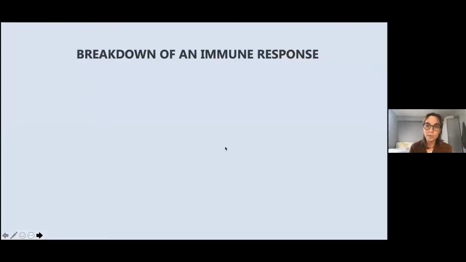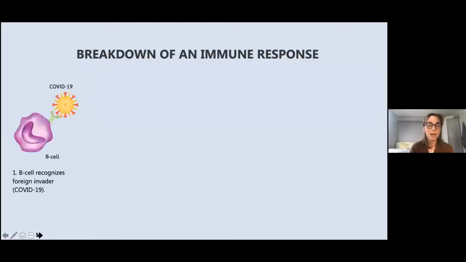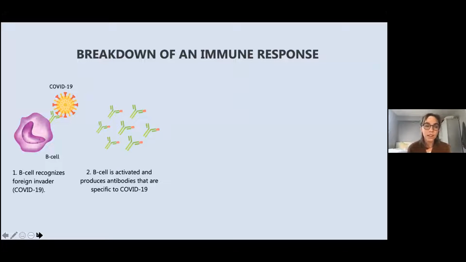So now we'll get into the breakdown of the immune response now that we know all the components that it contains. So first, we'll be hopefully not infected with COVID-19, and then our B cell will recognize this foreign invader and bind to it. Next, the B cell is quote unquote activated and produces antibodies that are specific to COVID-19.